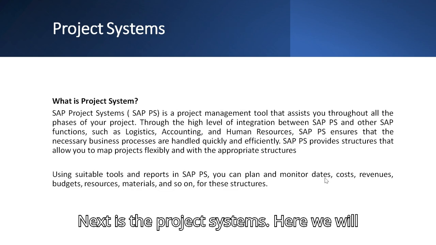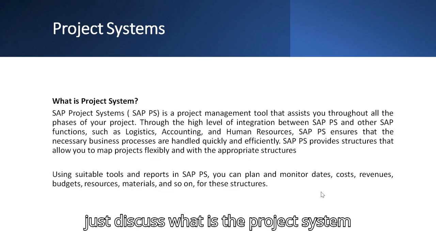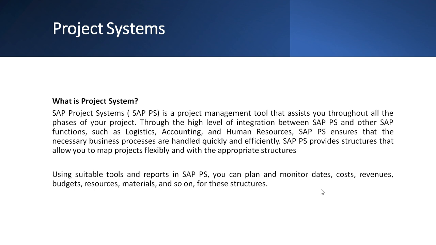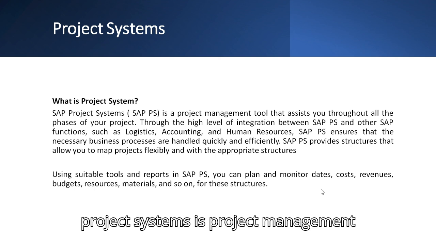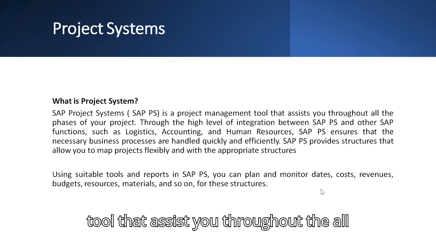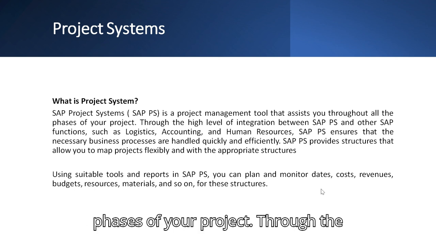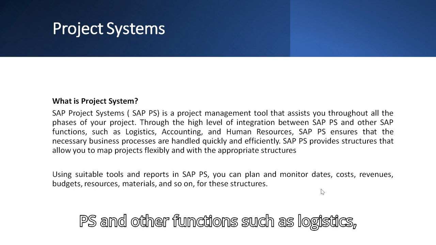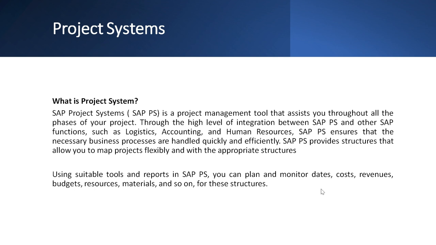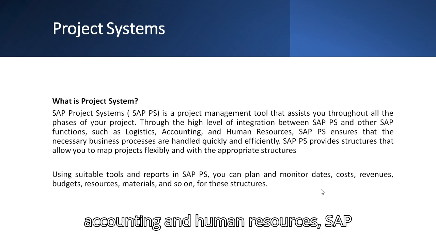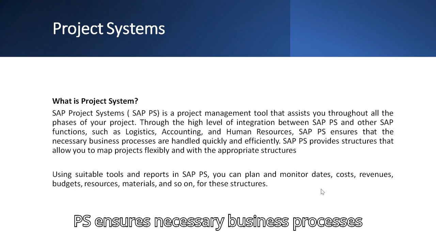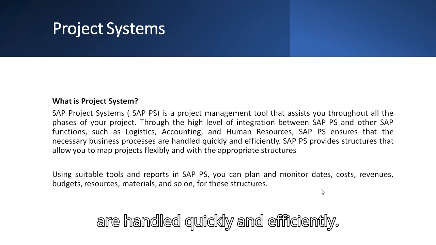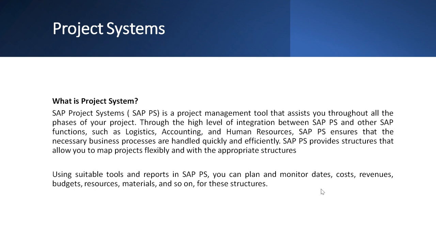Next is the project systems. Here we will just discuss what is the project system in terms of SAP. SAP project systems is a project management tool that assists you throughout all phases of your project. Through the higher level of integration between SAP PS and other functions such as logistics, accounting, and human resources, SAP PS ensures necessary business processes are handled quickly and efficiently.